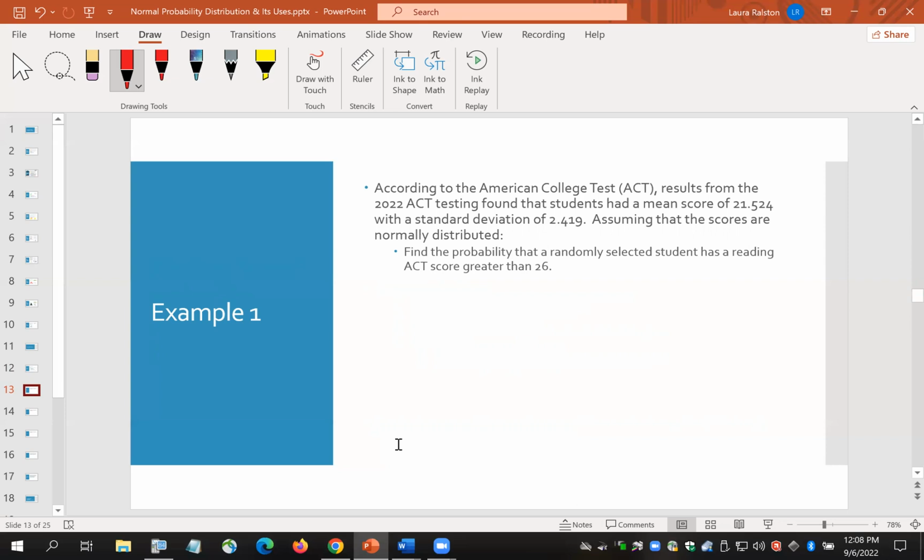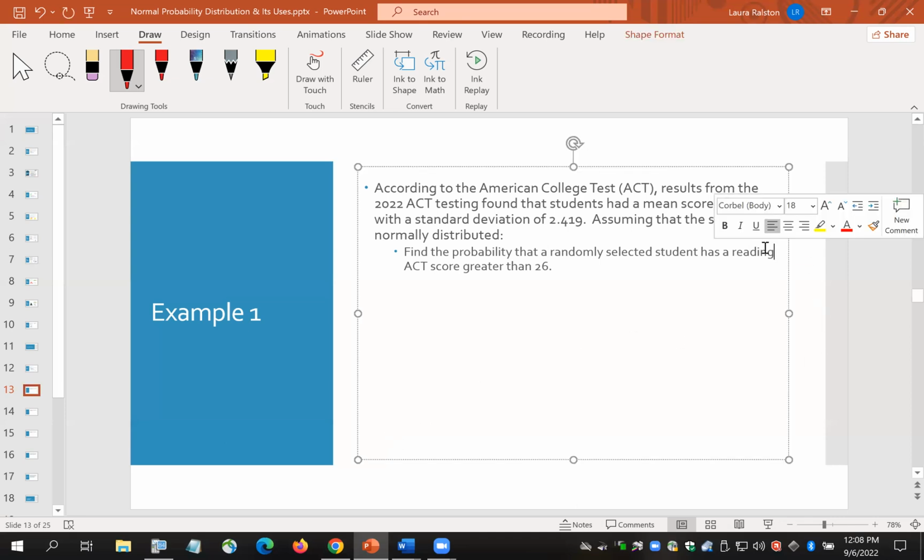Assuming that the scores are normally distributed, find the probability that a randomly selected student has an ACT score greater than 26. It's not just reading, it's an ACT score, sorry.